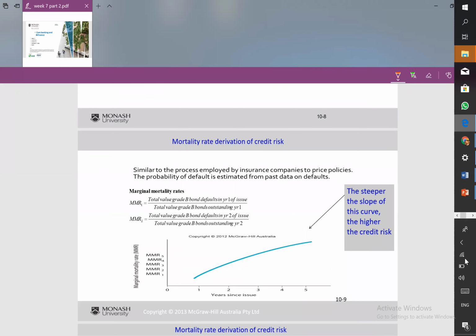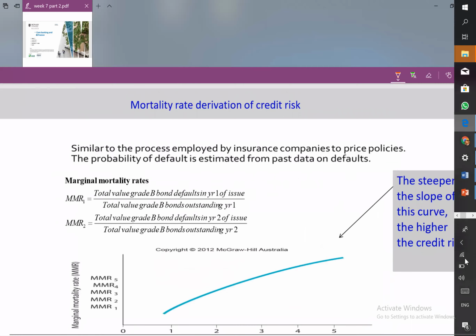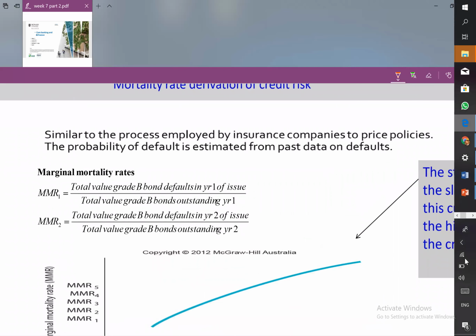For example, if we are interested in investing in class B, we take all of class B, the total average bond defaulting over the total value of grade B, and we will then see the MMR. MMR is the marginal mortality rate, which means how fast this will die.